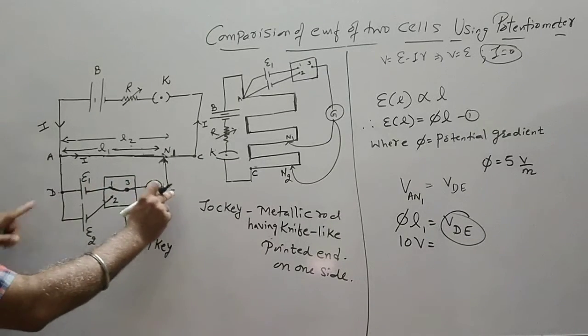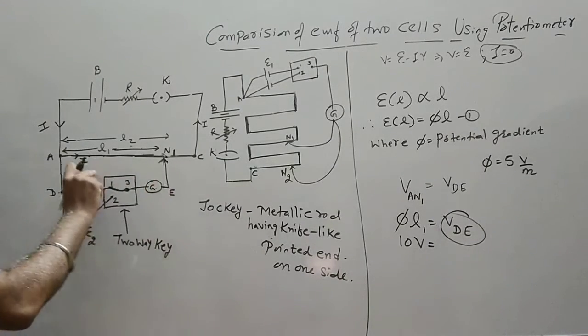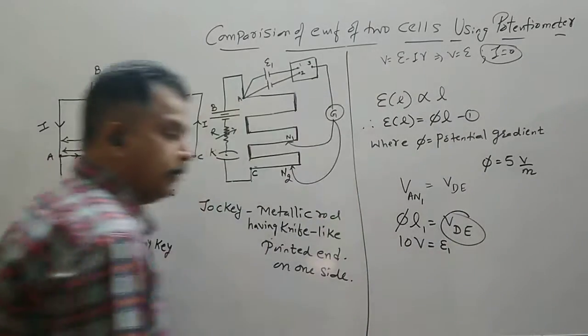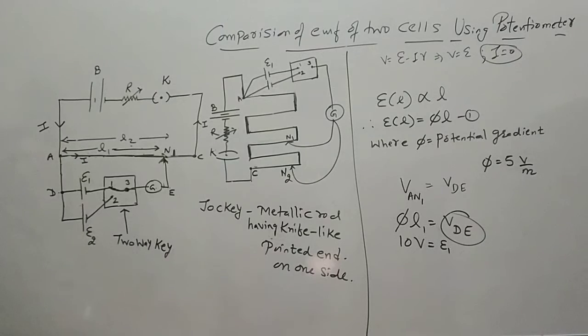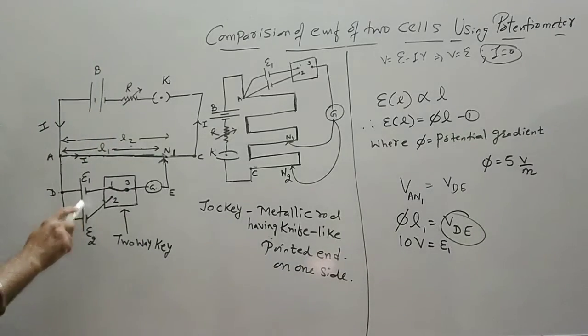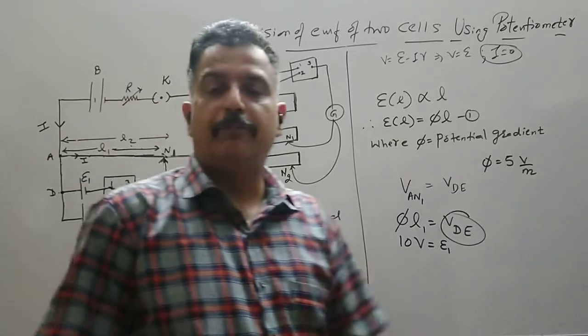So potential difference between DE is equal to the EMF of the cell, say that is E1. So it will be said that the potential difference of this cell is 10 volt. Now no current is flowing and we measured the EMF of the cell.